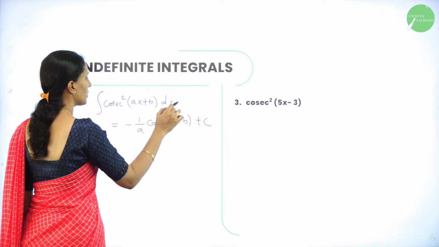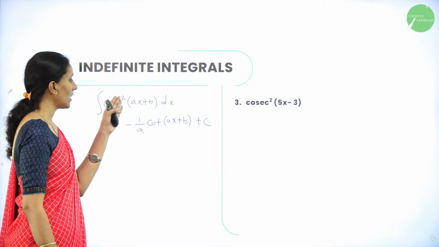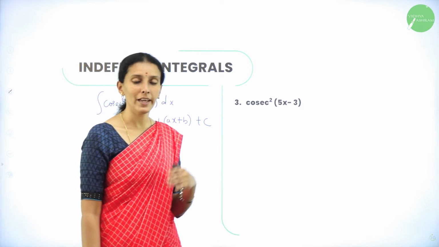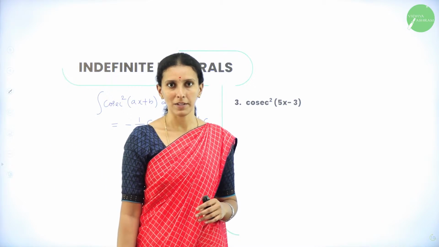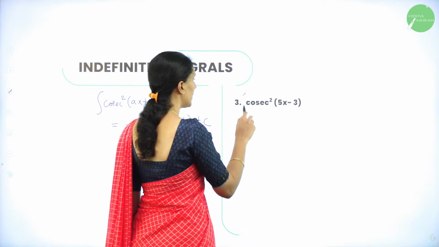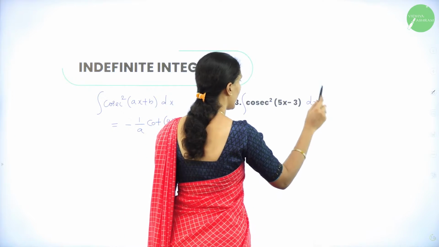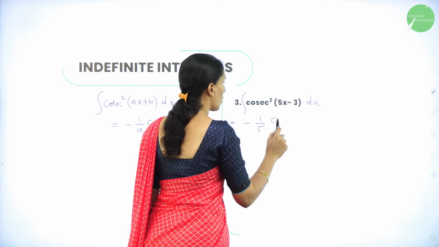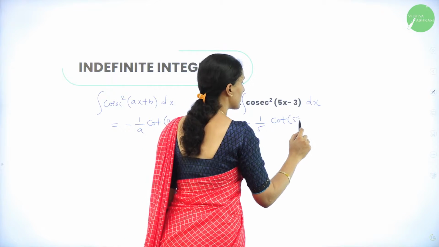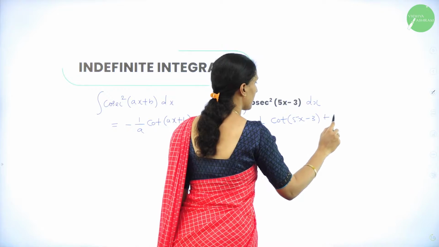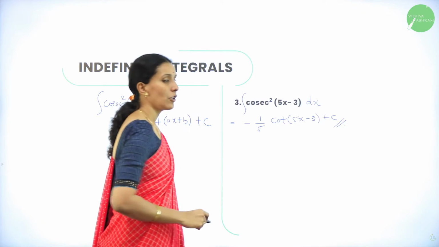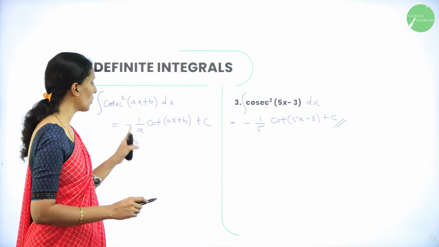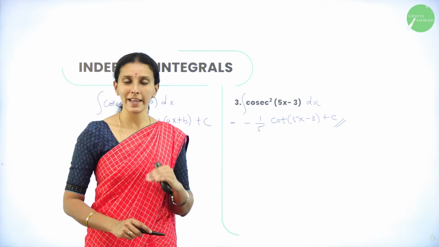So it is in the form of ax plus b, so it should be 1 by a. Therefore, if you integrate this with respect to dx, I can write this as minus 1 by 5 cot 5x minus 3 plus c. So the sign of b doesn't change the function because we need only the a value. So it is 1 by a.